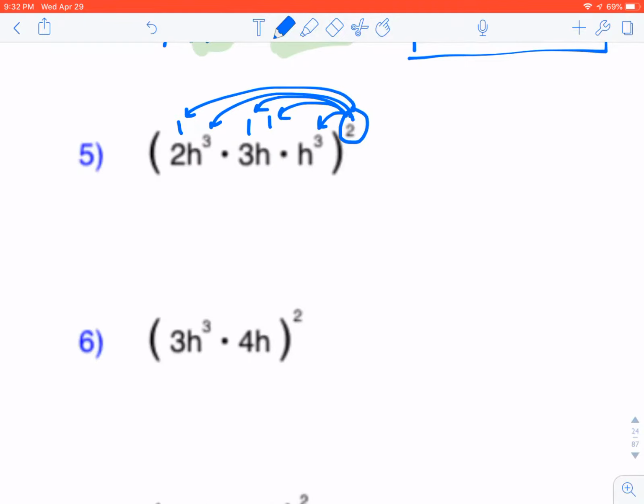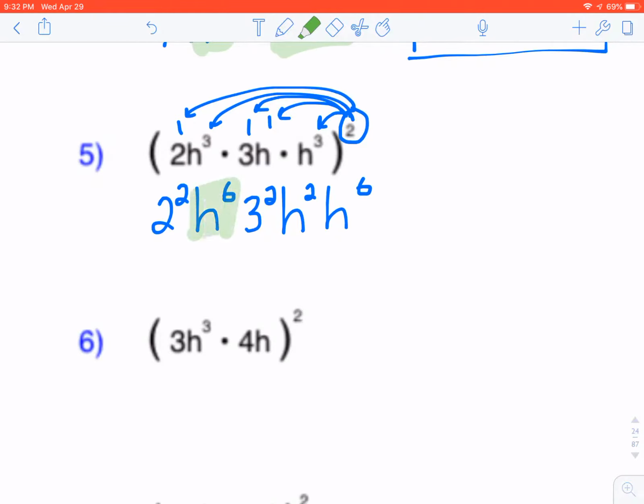So we have 2 to the second, h to the 6th, 3 to the second, h to the second, h to the 6th. Make sure you are remembering to multiply that 2 to every base that you see.